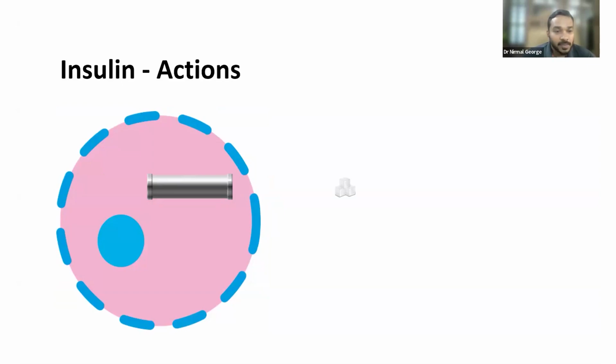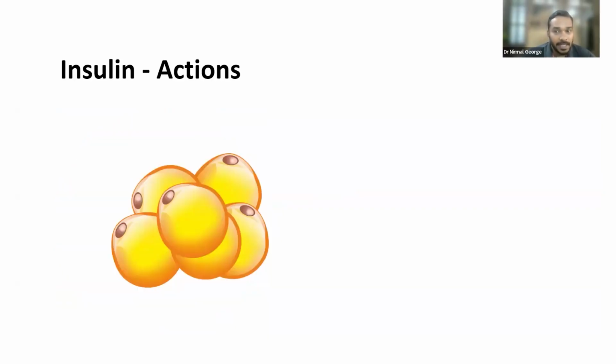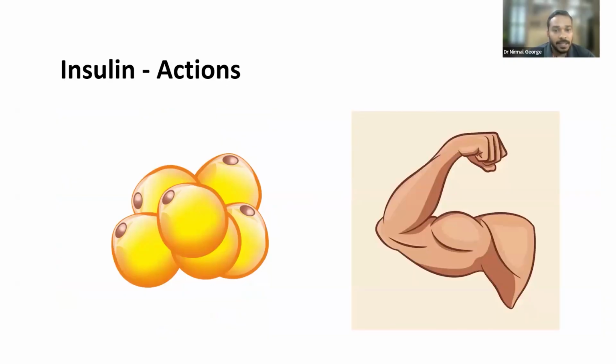GLUT4 is present in the intracellular area, and when insulin binds to the receptor, GLUT4 gets translocated into the cell membrane. This results in movement of glucose from the extracellular to the intracellular space. And this happens predominantly in the adipose tissue and in the skeletal muscles. Binding of insulin to these receptors results in increased utilization of glucose by both these cells.